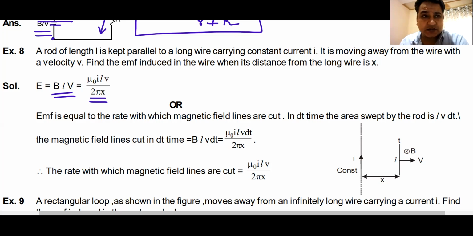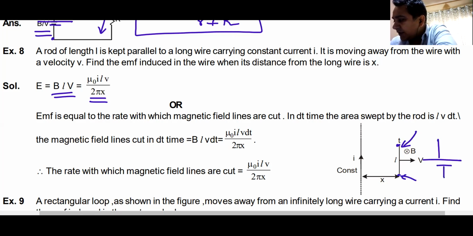What will be the direction of induced EMF or the battery? V is like this, B is like this. So this point becomes higher potential, this point becomes lower potential, and this is how you can draw the battery for this part. Do we understand this?